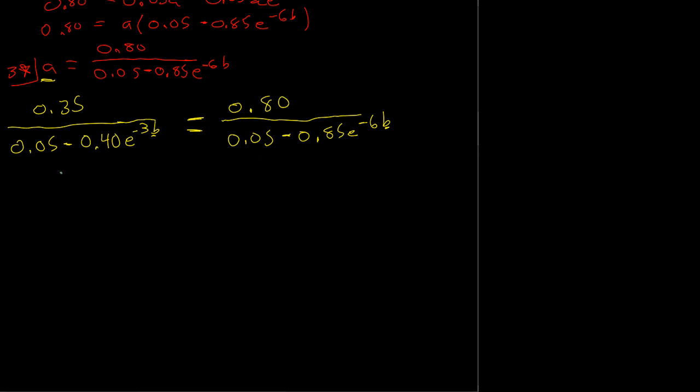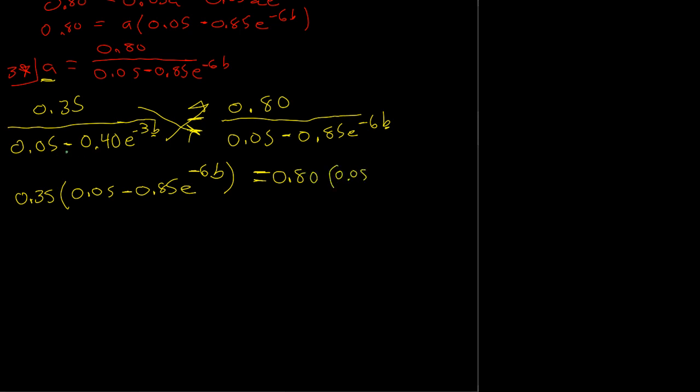So I'm going to cross multiply 0.35. Right, I'm going to multiply this with this and this with this. So 0.35 times 0.05 minus 0.85 e to the negative 6b is equal to 0.80 times 0.05, this stuff down here, minus 0.40 e to the negative 3b.